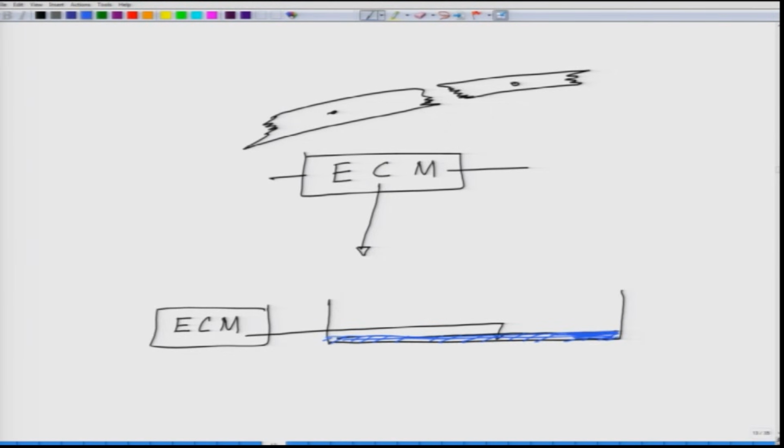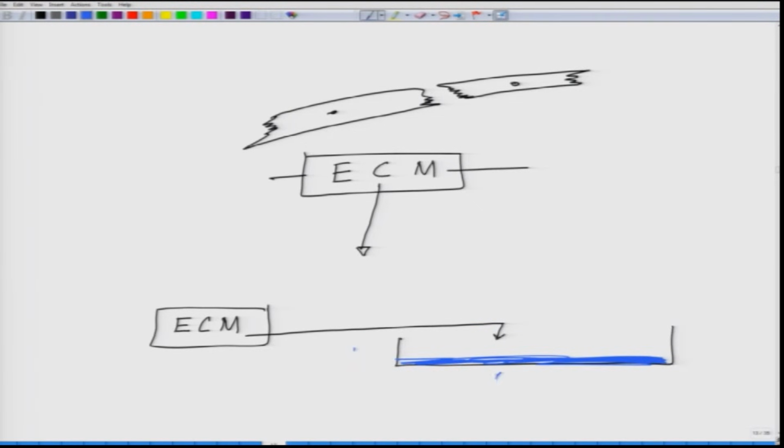Now, since I am talking about extracellular matrix protein, one can have a hypothesis. Say for example, I mark this extracellular matrix as blue. This blue is showing the extracellular matrix, and I call it B. Now, let me give you a hypothetical situation.